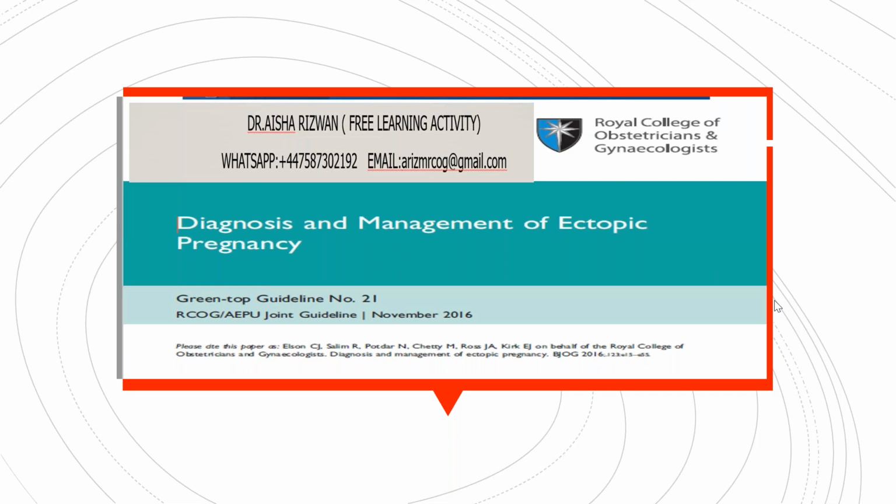And if local facilities do not provide all options, then clear referral pathways should exist to allow them to access appropriate care. So these are the things and the training implications, like the resident at the level of ST5, you should know how to diagnose ectopic pregnancy, and you should be able to do all of the procedures like laparoscopy, laparotomy, and you should be able to diagnose on the ultrasound.